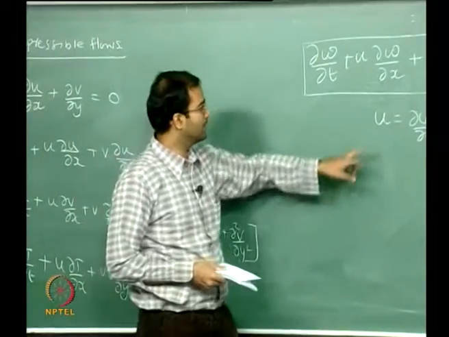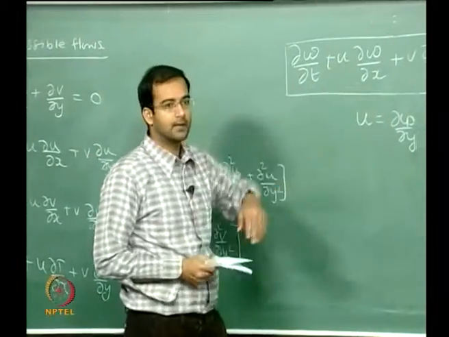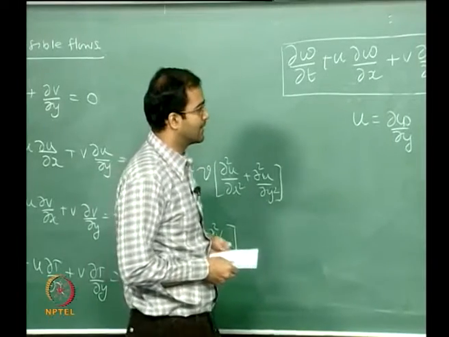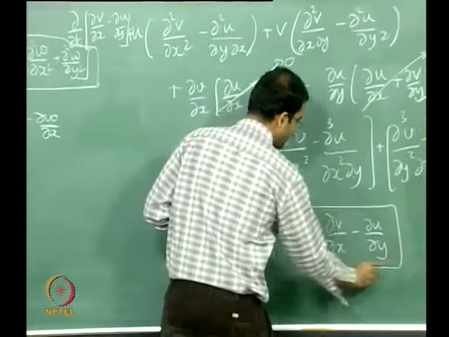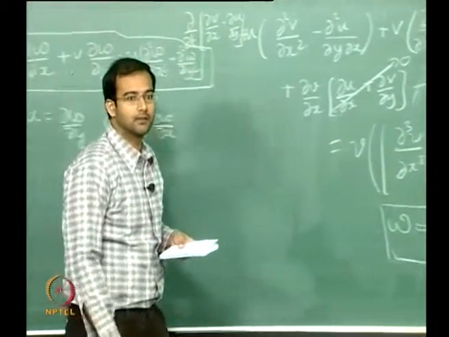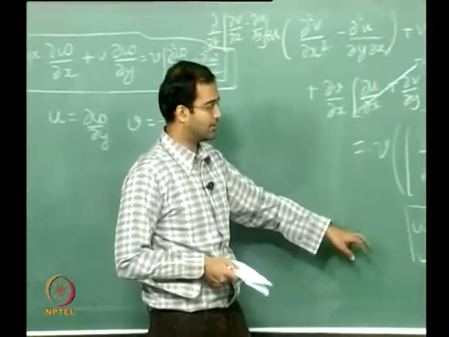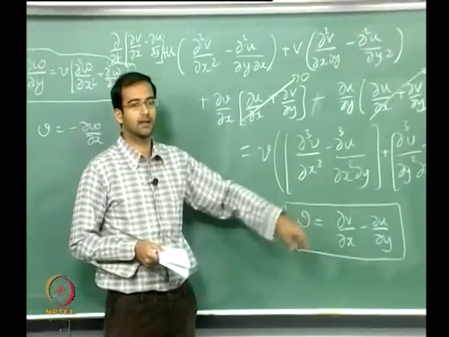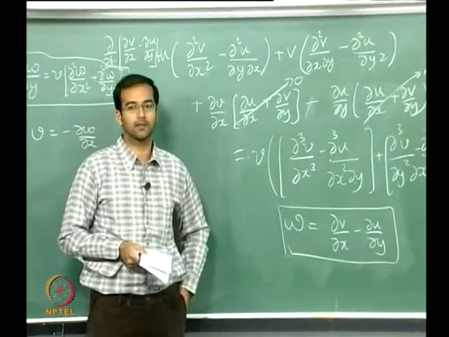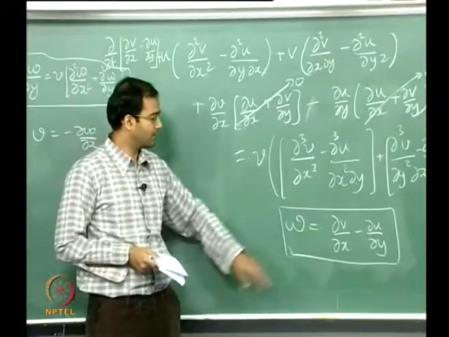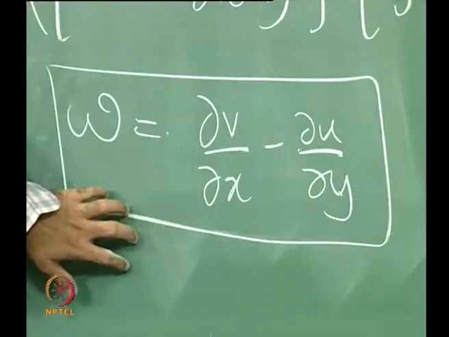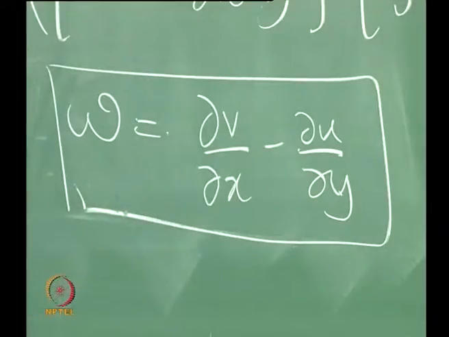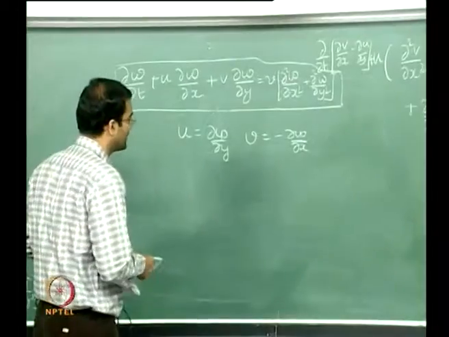So you can plug in for u and v in terms of the stream function, and the other thing, the stream function should also satisfy this equation, because this is how the vorticity is defined, and vorticity is related to the velocity derivatives. So the stream function should make sure that it satisfies this particular definition of vorticity. So if you substitute for stream function into that, what do you get?